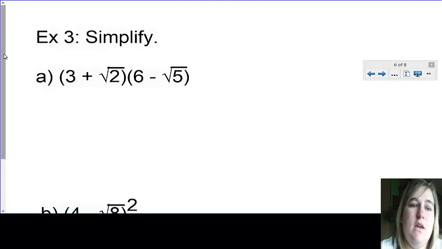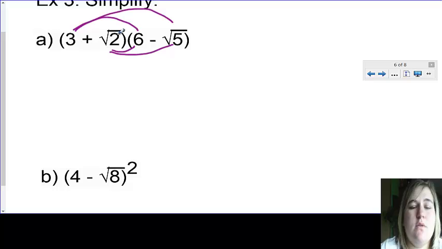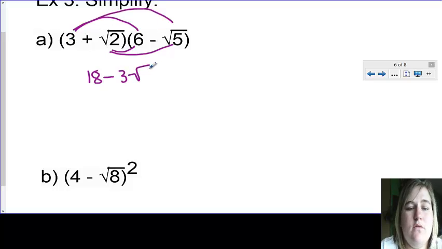On example 3, now is when we're going to FOIL, so we're going to take first, outside, inside, last. So 3 times 6 is 18. Positive times a negative gives me a negative. 3 times radical 5 is 3 radical 5. Inside gives me radical 2 times 6.